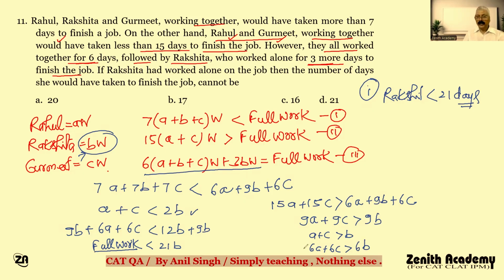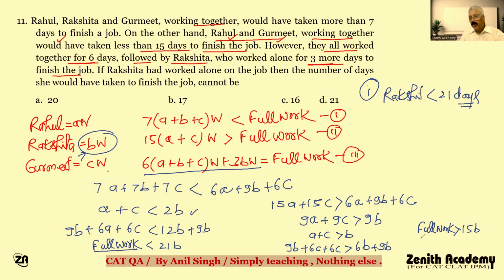And now add 9B to both sides. Then 6A plus 9B plus 6C, which is the full work, is greater than 6B plus 9B, meaning 15B.